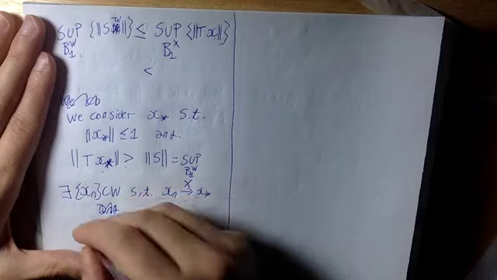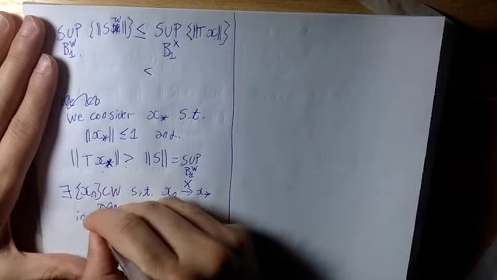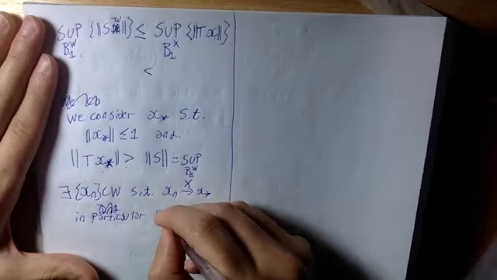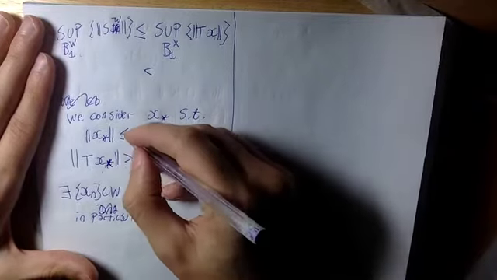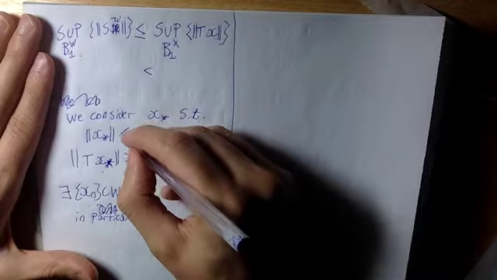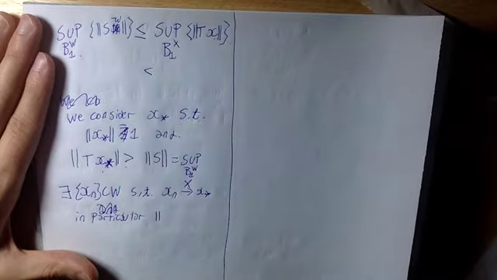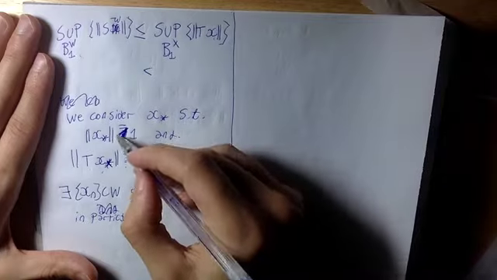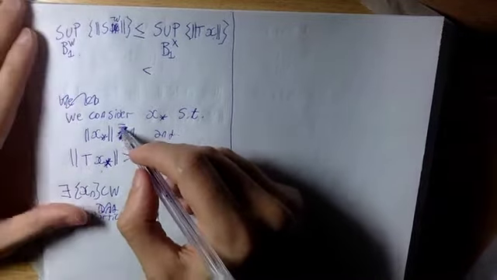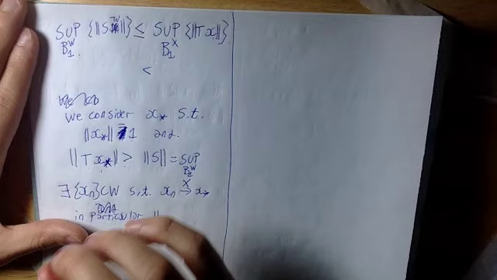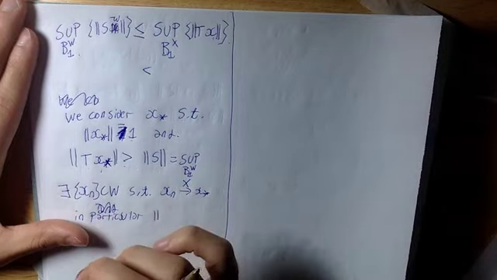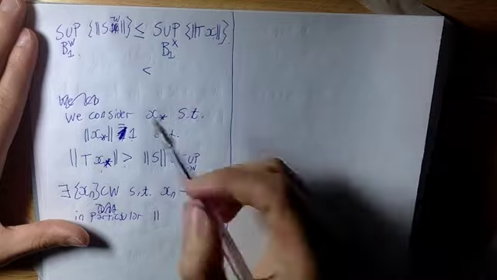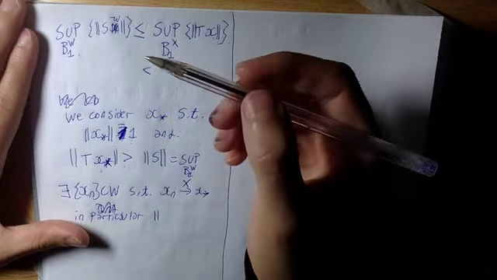So in particular, we have that the norm of x star has to actually be equal to 1, because you can actually show that the supremum will be attained at the boundary, because if it's attained inside, you can actually multiply by something which is larger than 1 and still get something larger.